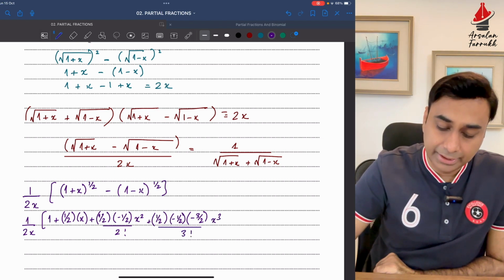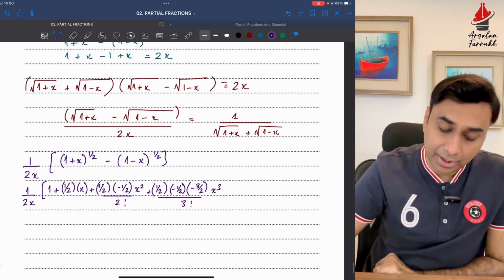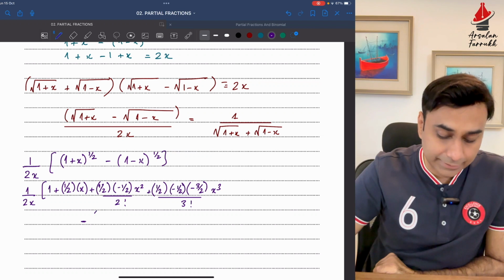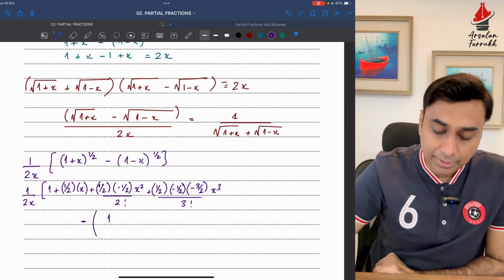Now, similarly, I have to do the expansion for the next part of the series as well. I'm a little short of space, so I'm writing down the expansion of the next series in the next line. So minus, brackets open, 1 plus nx, that's going to be half times minus x.